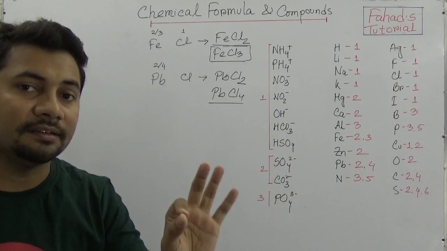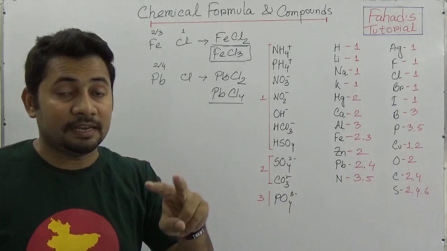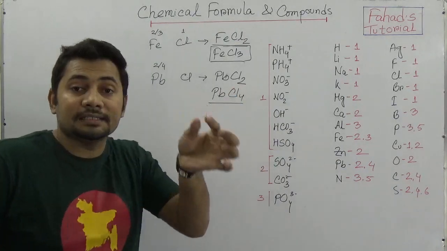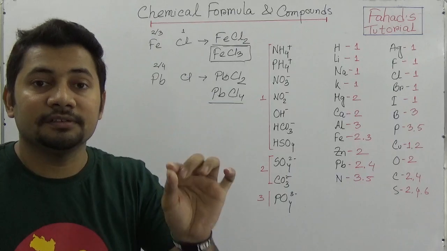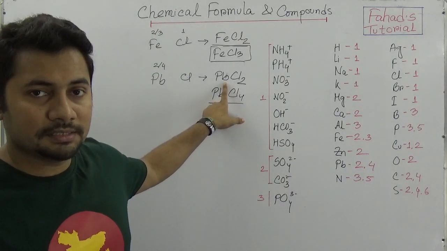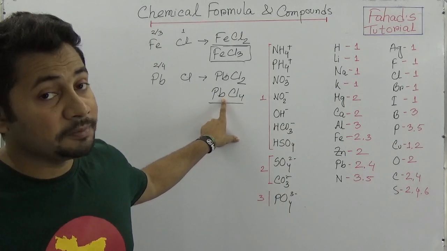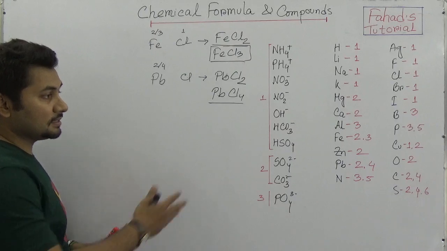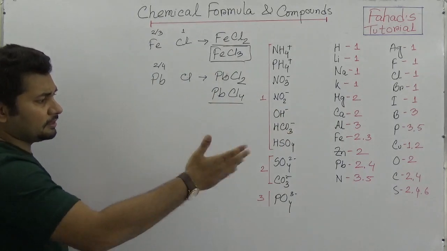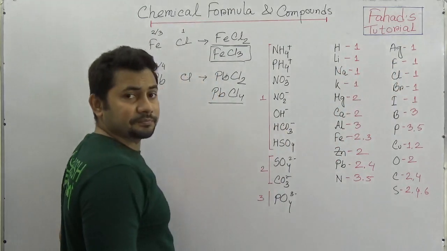So now you understand that when we use the minimum valency among the variable valencies, we should say -ous after the name of the element. So it should be plumbous chloride, and this should be plumbic chloride. I hope you understand. Similarly, it should be sodium fluoride.